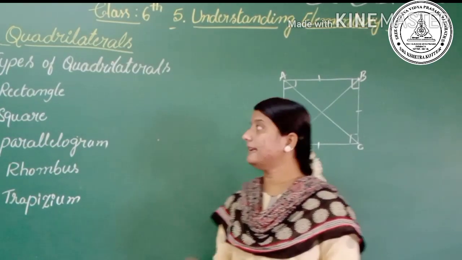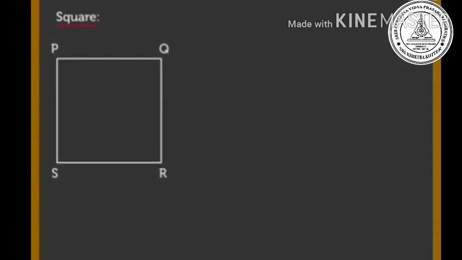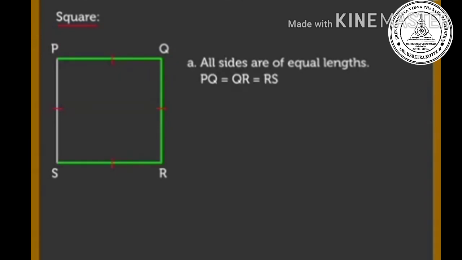Let's see one by one. A square. In square PQRS, A. All sides are of equal lengths. That is, PQ is equal to QR is equal to RS is equal to PS. B. All the angles are right angles.